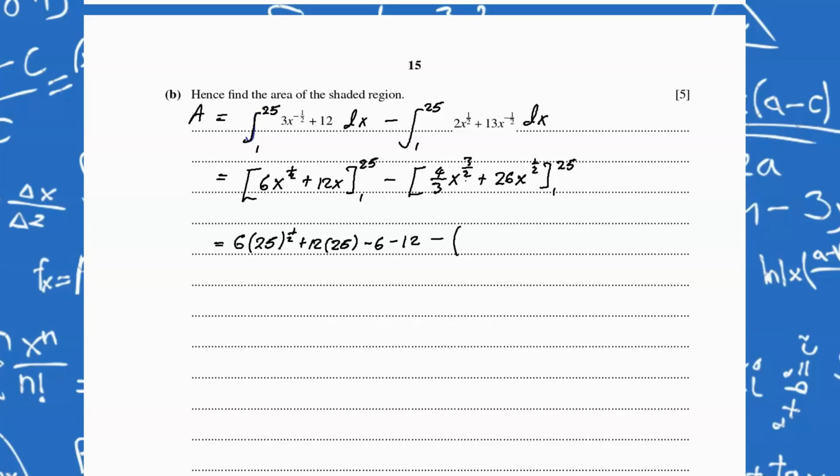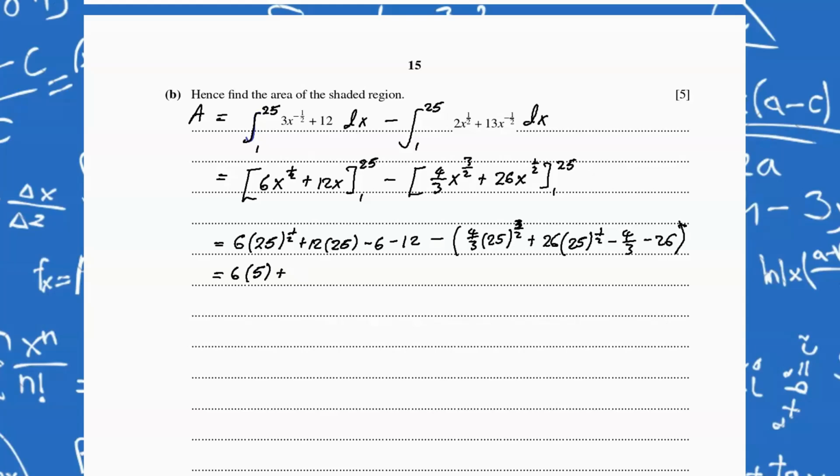That's 4 over 3 of 25 to the 3 over 2, okay, and it's plus 26 of 25 to the power of a half, and it's minus 4 over 3 minus 26 if we substitute 1. Right, so basically this is 6 of 5 plus 12.